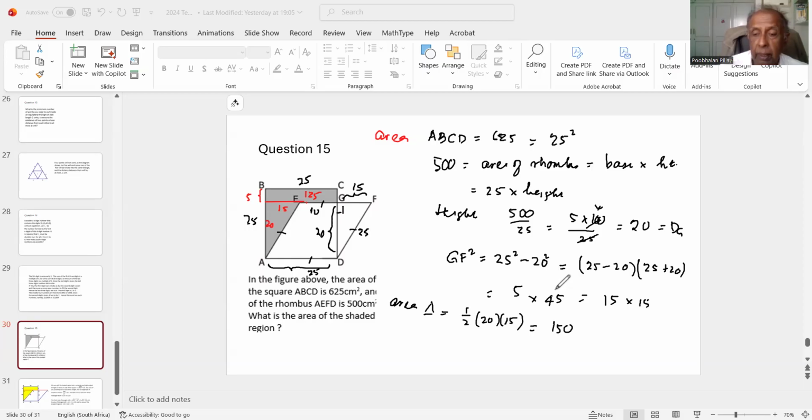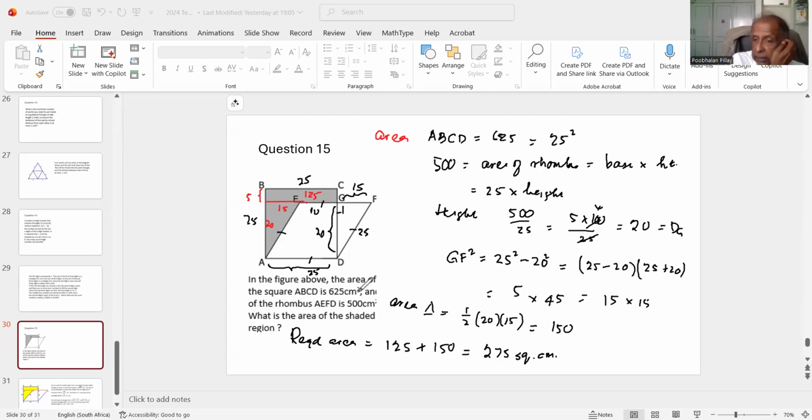So the required area is 125. That's the area of your rectangle, plus the area of your triangle, which is 150. And that gives you 275. Square what? Oh, it's given here centimeters. So it's square centimeters. Area is always in square units.